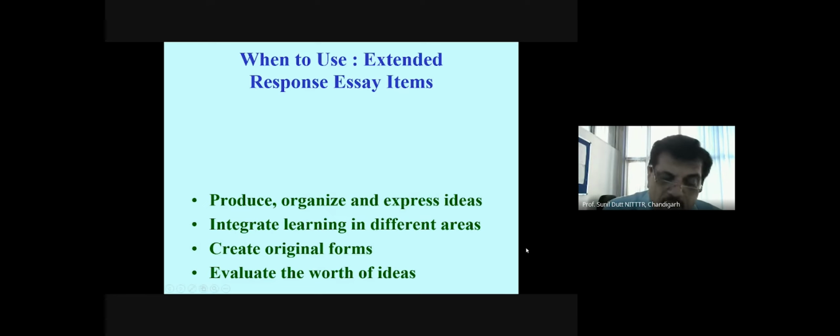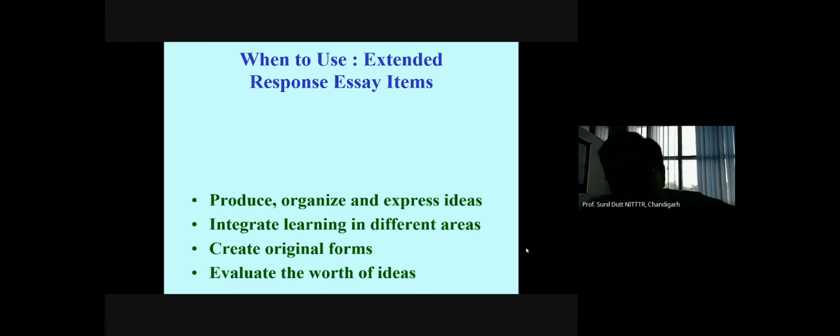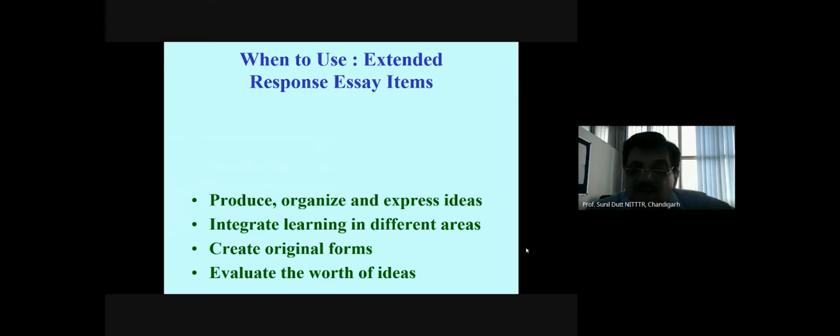Then coming to evaluating, that is when the student is able to make some judgment about the value of an idea or material, or when he is able to use standards and criteria to support opinions and views.